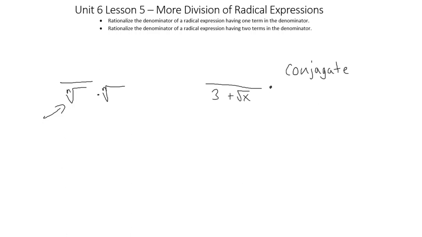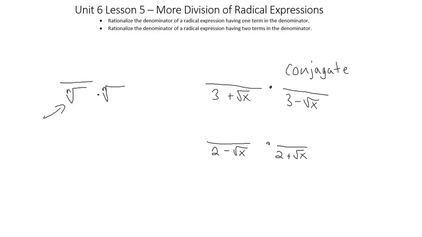The conjugate is just the opposite of whatever you have here. So if we have 3 plus square root of x, then we need to multiply by 3 minus square root of x.